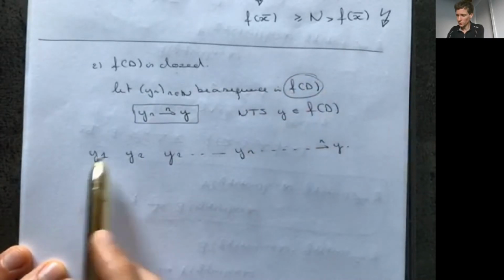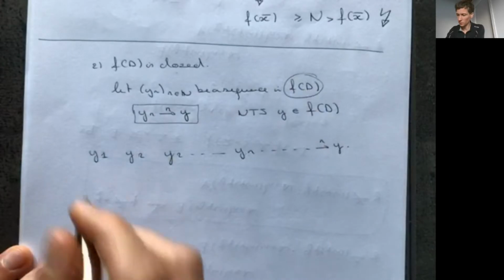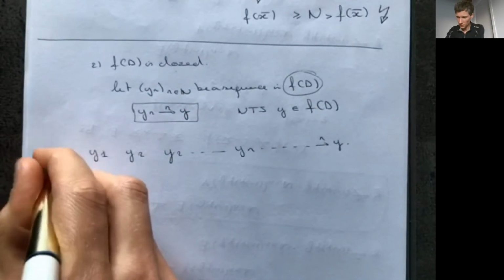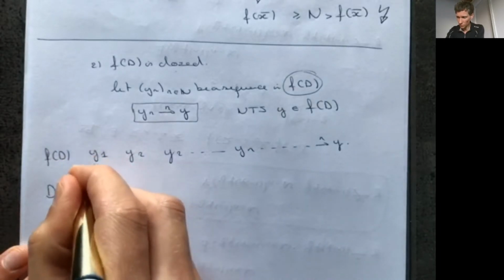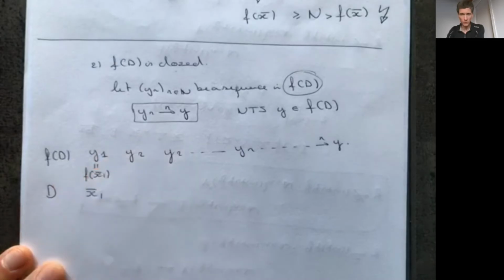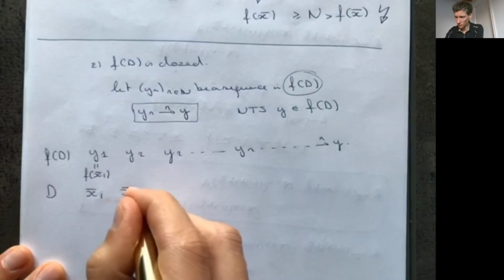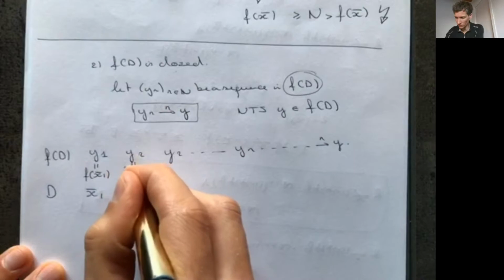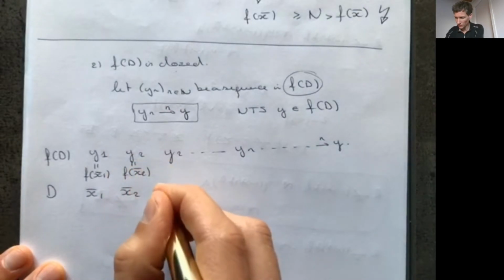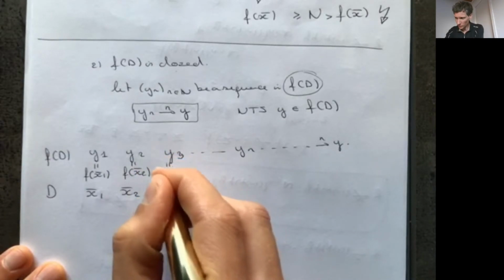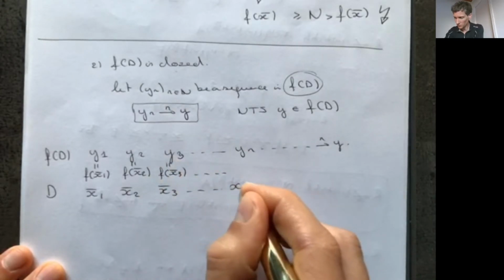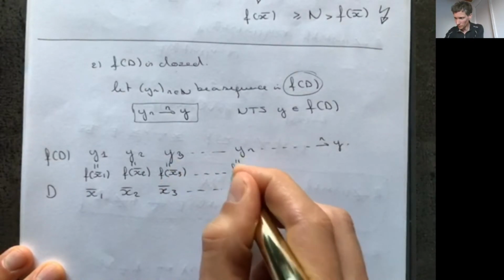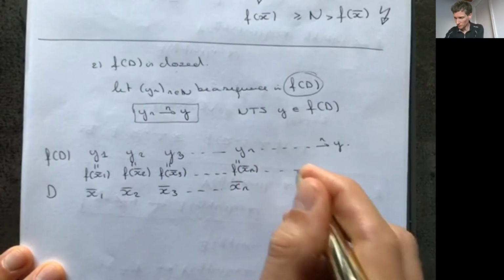So this means if y1 is in the range of f under the domain D, there exists a vector in D, let's say x1, such that y1 is equal to f of x1. There exists a vector x2 such that y2 is equal to f of x2. There exists a vector x3 such that y3 is equal to f of x3, and so on. So in general there exists an x_n such that y_n is equal to f of x_n.